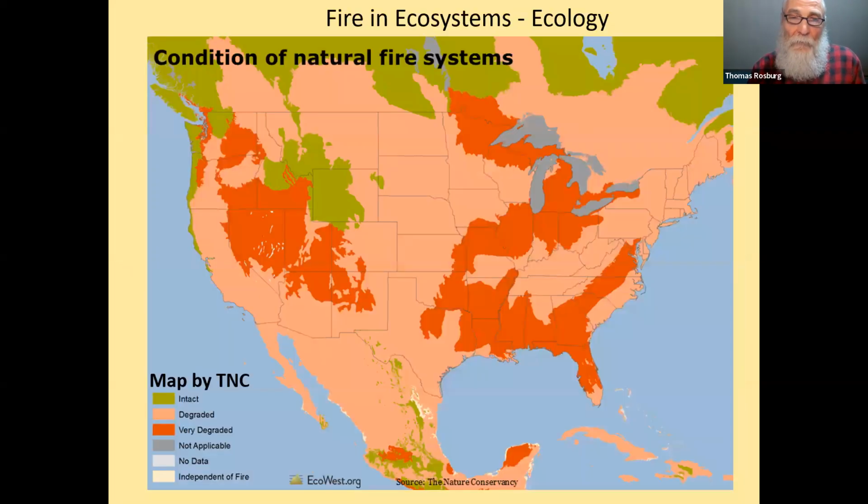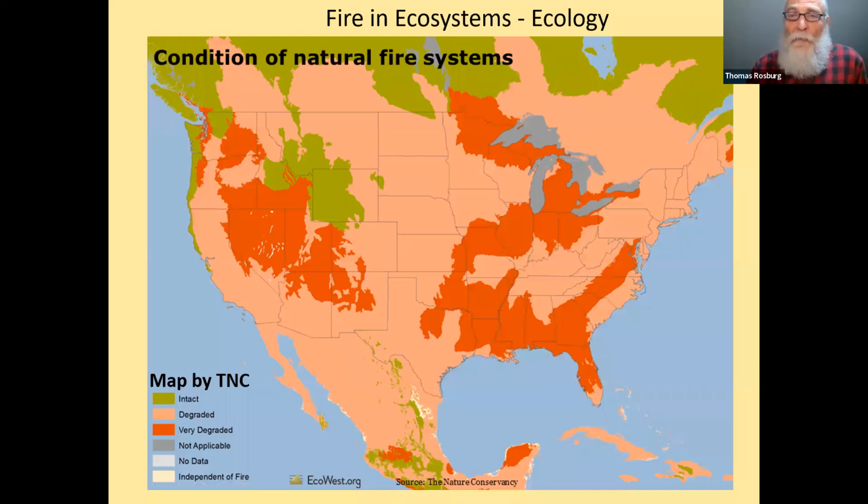Not surprising. This is some data that the TNC put together from an independent study they did, classifying landscapes in terms of the amount of degradation, as they're describing it here. They have these 2 orangish colors, light orange and dark orange, to represent ecosystems that are degraded or very degraded because of fire suppression.